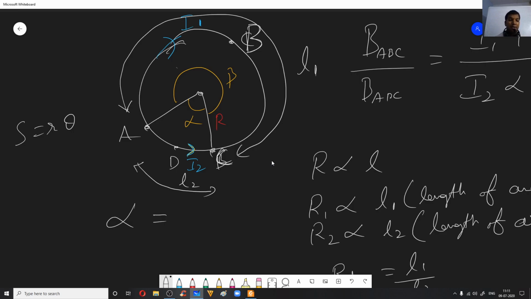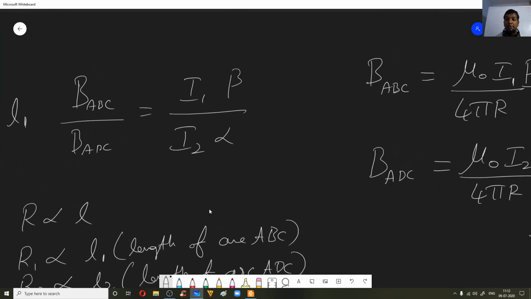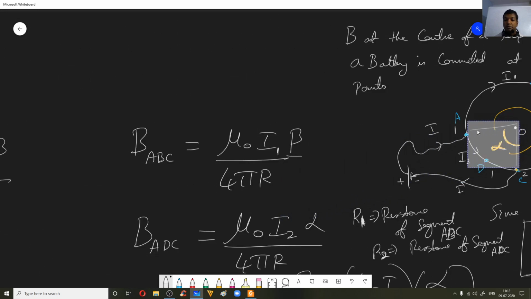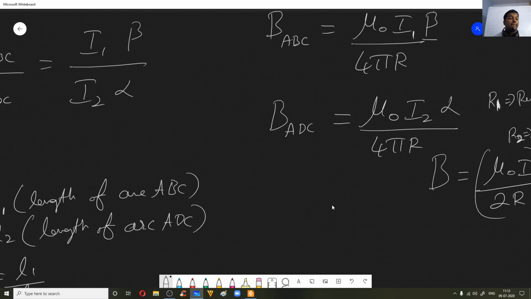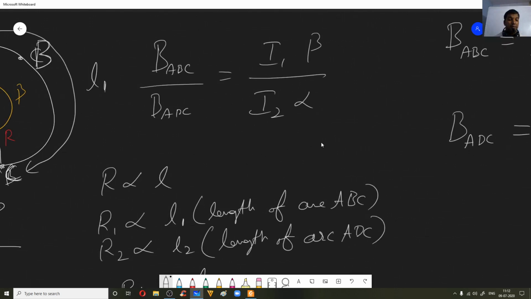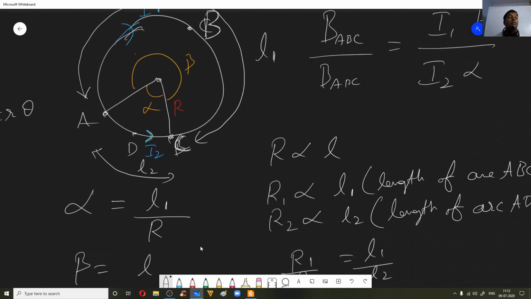The arc ADC is L2, and ABC, sorry, this length is L1.